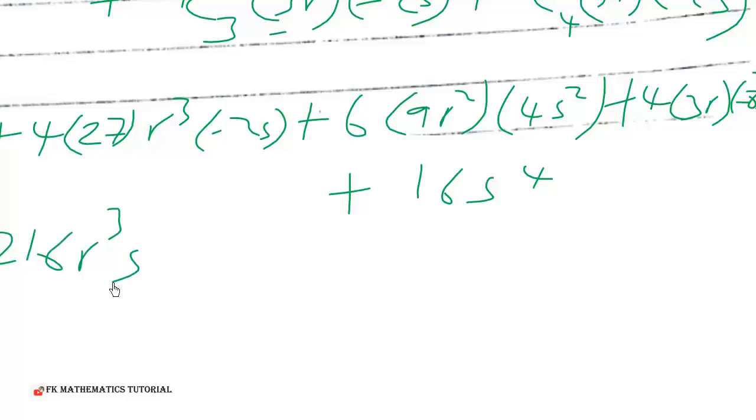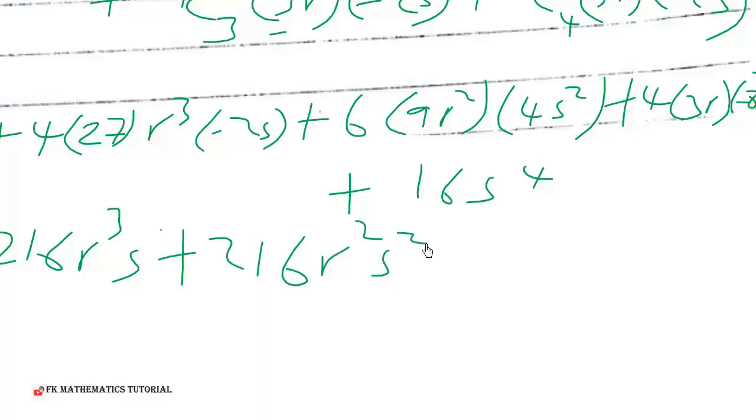Then 6 times 9 times 4, another 216 is there, so plus 216 again, r exponent 2, s exponent 2.